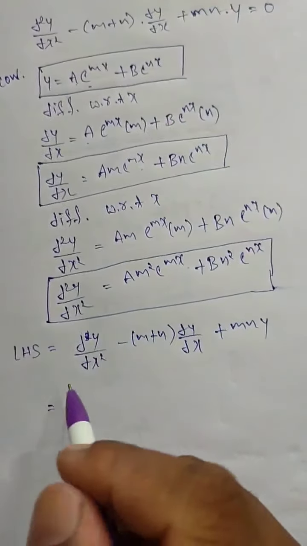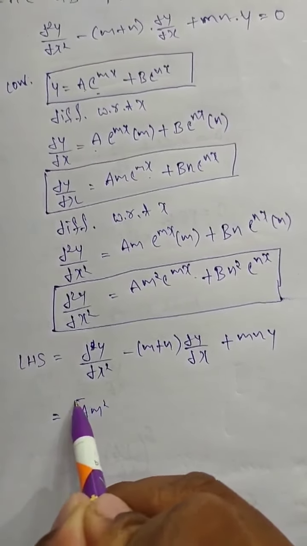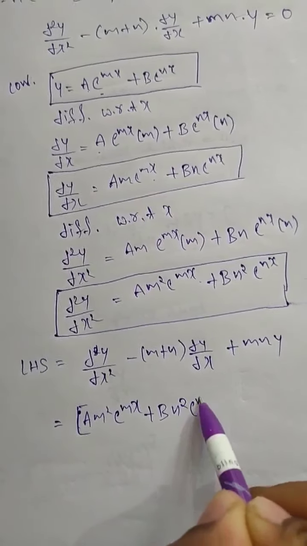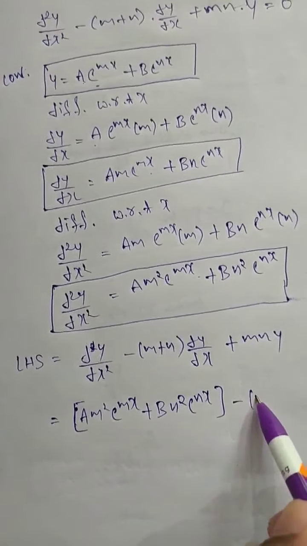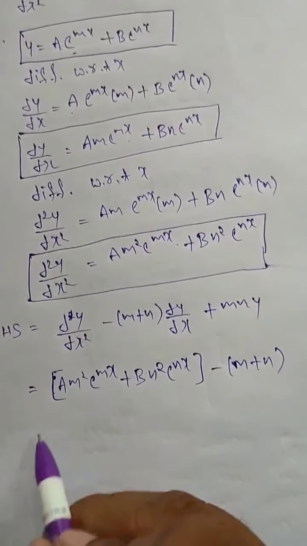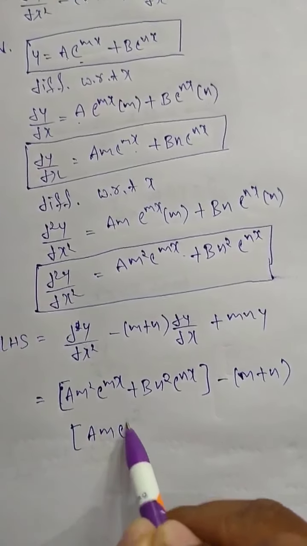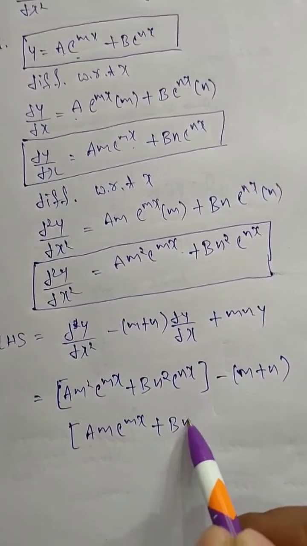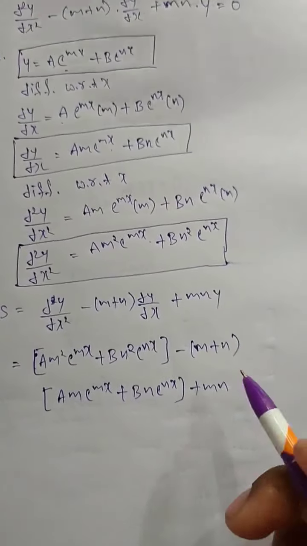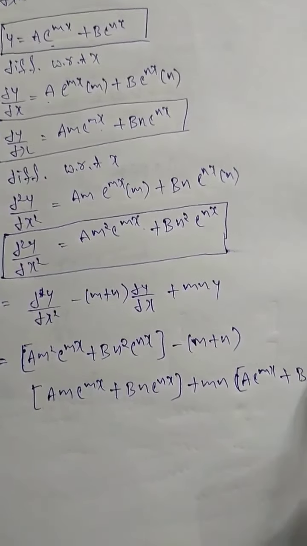Now I am substituting all the terms. d square y by dx square is am square e to the power of mx plus bn square e to the power of nx, minus (m plus n) into dy by dx, which is am e to the power of mx plus bn e to the power of nx, plus mn into y, where y is a e to the power of mx plus b e to the power of nx.